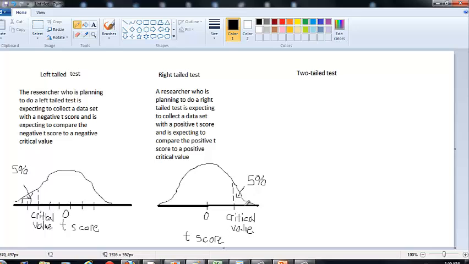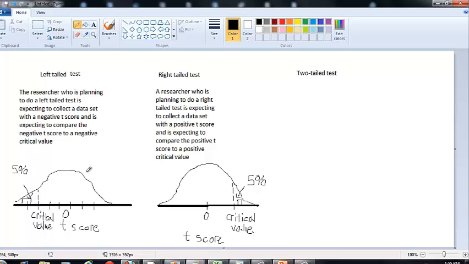And in a right-tailed test, the rejection region is at the right end of the curve. It's in this area here above the critical value. So the researcher wants to get a data set in this area in a right-tailed test, because an outcome in this area will let the researcher reject the null hypothesis. The researcher wants to get an outcome above, or to the right of, this positive critical value in a right-tailed test.